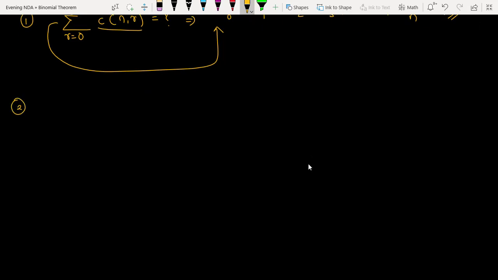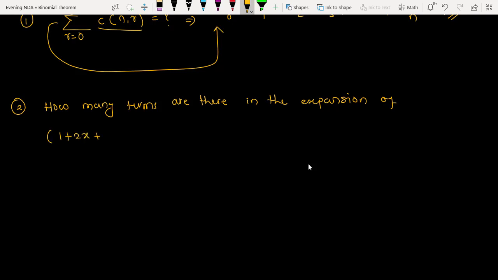Second one: how many terms are there in the expansion of (1 + 2x + x²) to the power 10?